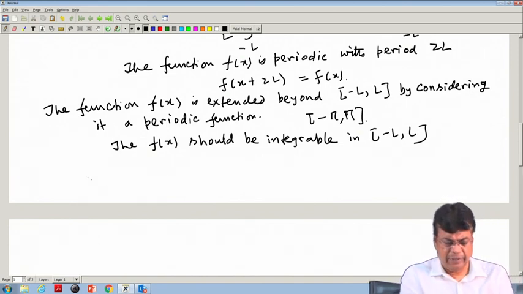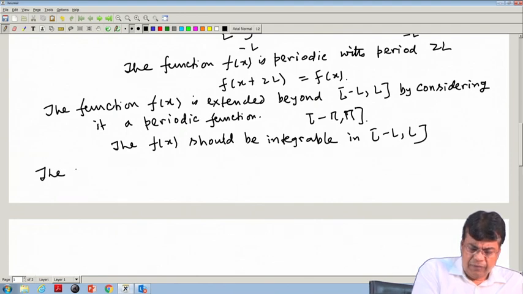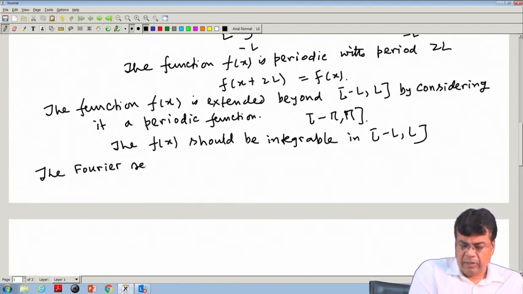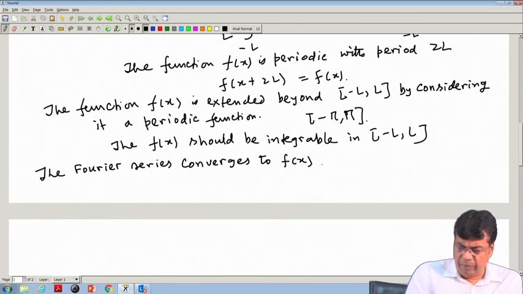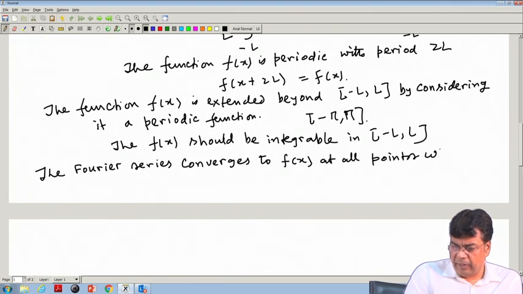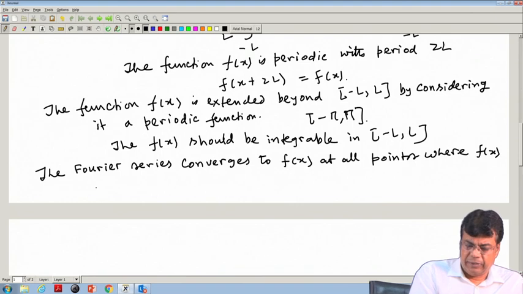I can say it this way: the Fourier series converges to f(x) at all points where f(x) is continuous.